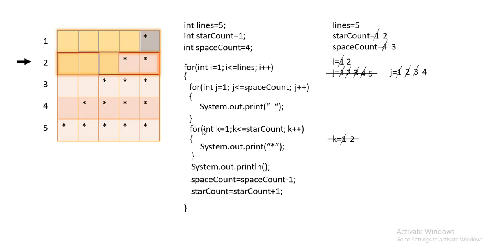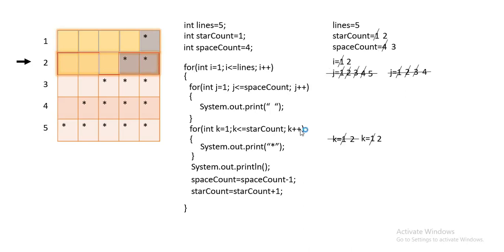and come to this for loop. Now int k equal to 1, k less than equal to star count, 1 less than equal to 2, condition true, print the star. Then k++, k becomes 2, 2 less than equal to 2, so print the star again.